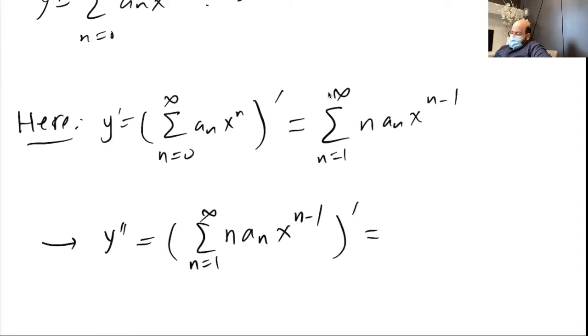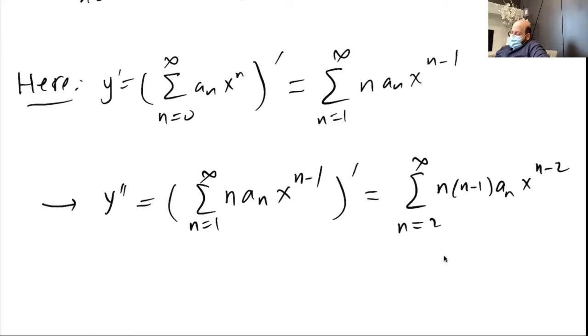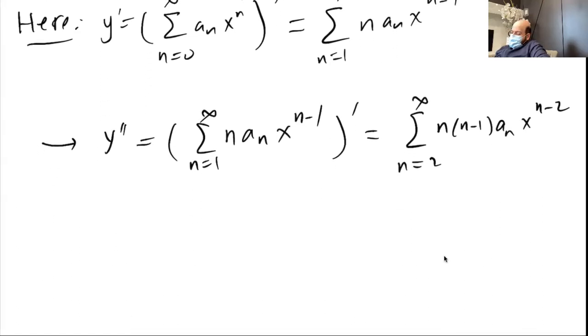Then that's going to be sigma n n minus 1 a n x to power n minus 2 and from 2 to infinity this time. You could also say n from 1 to infinity, but again, if you replace n with 1 here, n minus 1 will be 0. 0 times anything is 0. So this is equivalent with saying that you're starting with index 2 here. So this is y double prime.